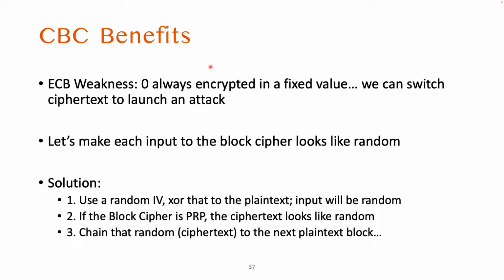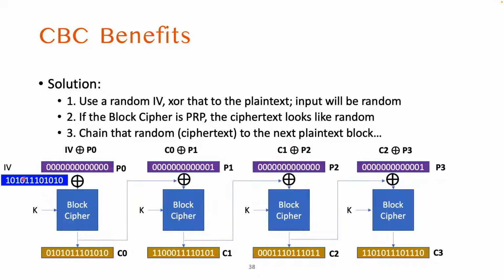If we mix some random-looking number into the plain text, then we can achieve that. So the solution is to draw one random number and mix it with the first plain text. This will be completely random and goes into the cipher. The resulting ciphertext looks random, and that will be mixed into the next plain text, again and again. So all the inputs to the block cipher will look completely random.